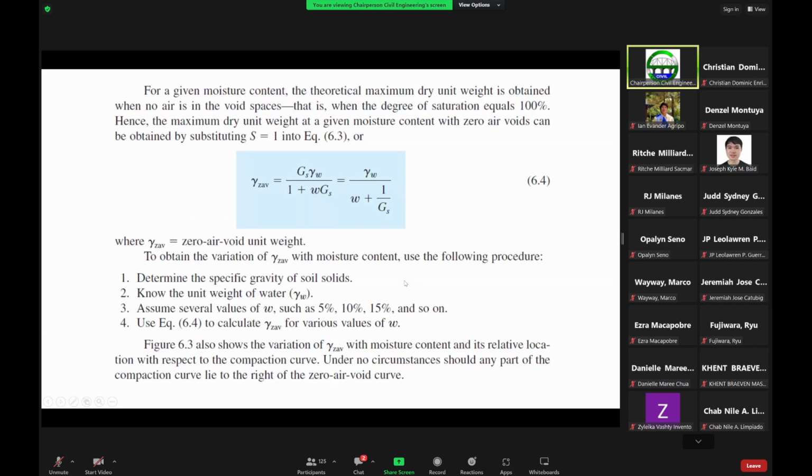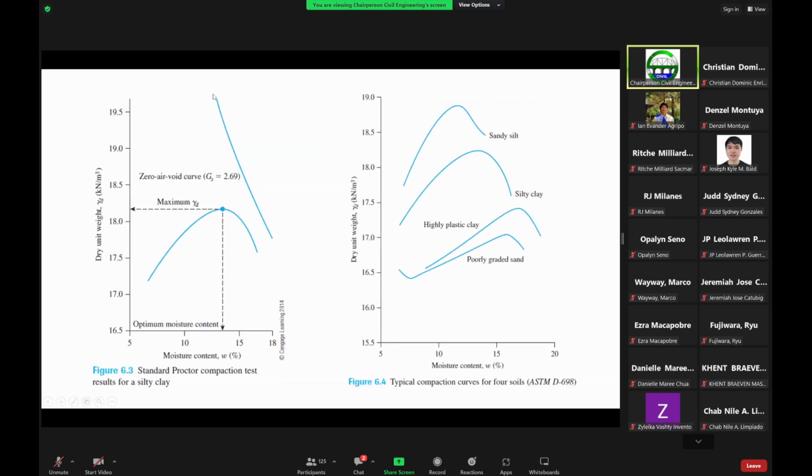So for a given moisture content, the theoretical maximum dry unit weight is obtained when no air is in the void spaces. In other words, when the degree of saturation is equal to 100%, such as this curve here.